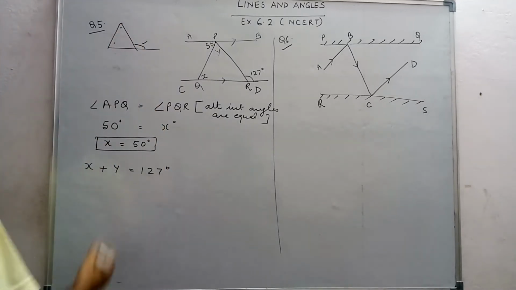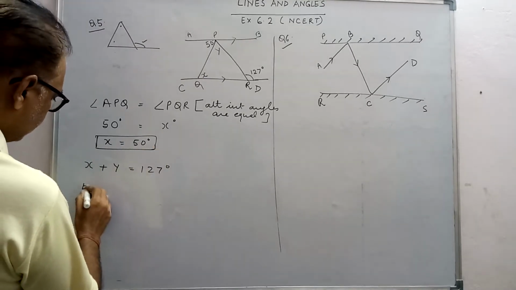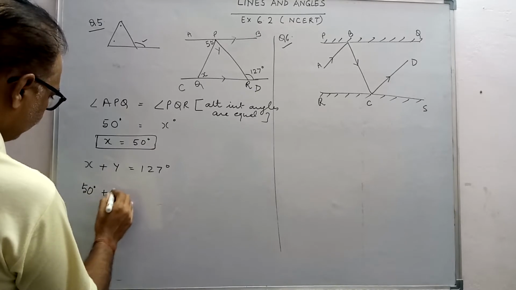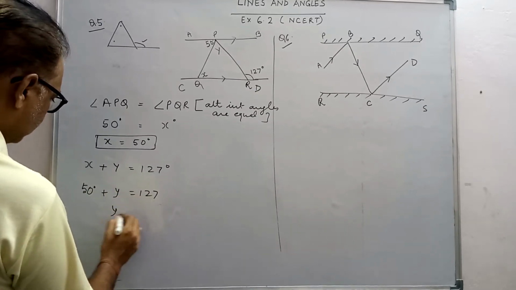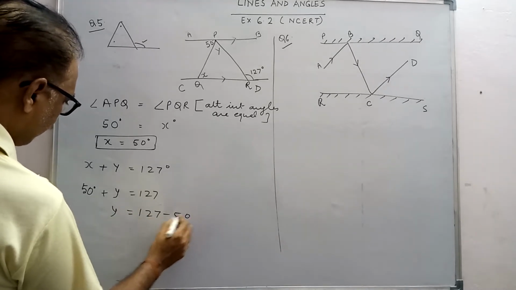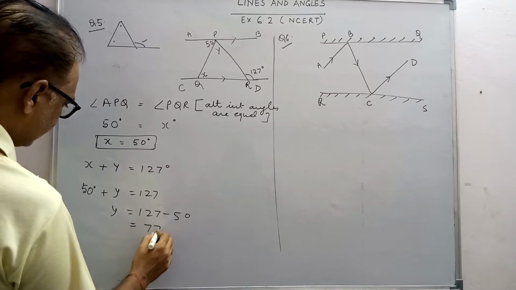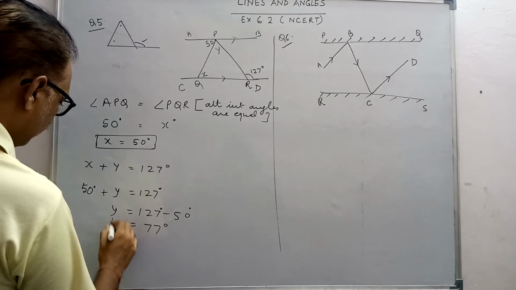So X plus Y is equal to 127, and we already know the value of X, that is 50 degrees, plus Y is equal to 127 degrees. So Y is equal to 127 minus 50, that is equal to 77 degrees. So Y is equal to 77 degrees.